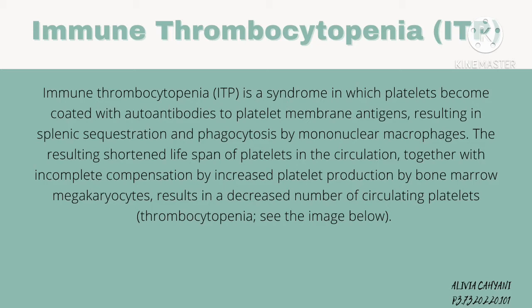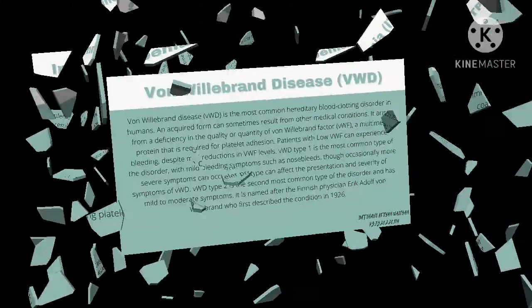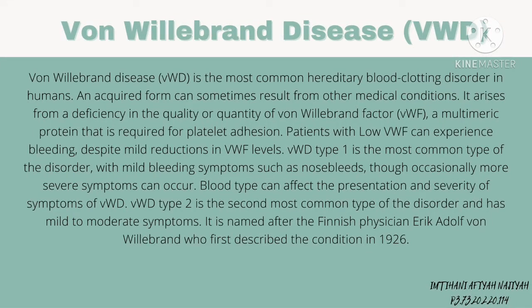ITP is a syndrome in which platelets become coated with autoantibodies to platelet membrane antigens, resulting in splenic sequestration and phagocytosis by mononuclear macrophages. Von Willebrand disease, or VWD, is the most common hereditary blood clotting disorder in humans.